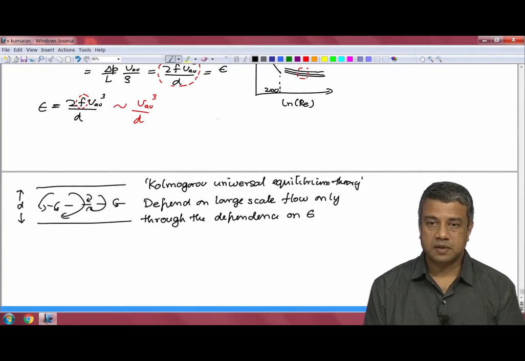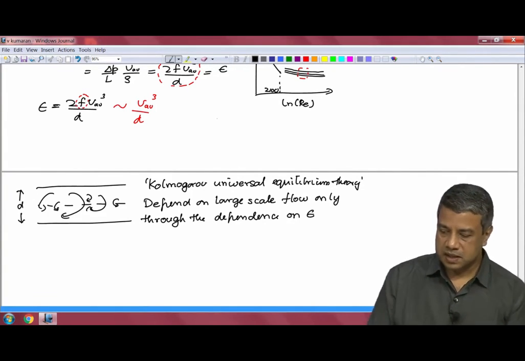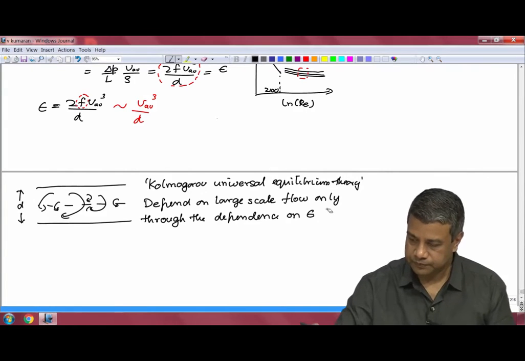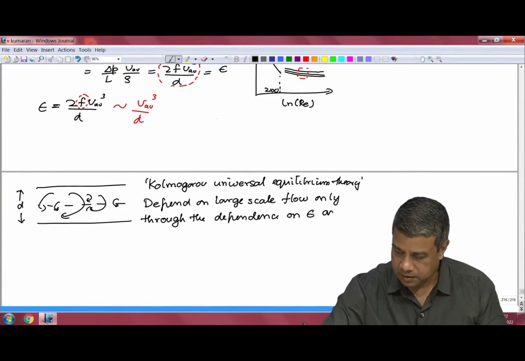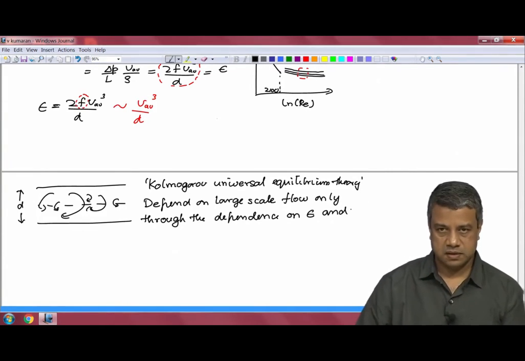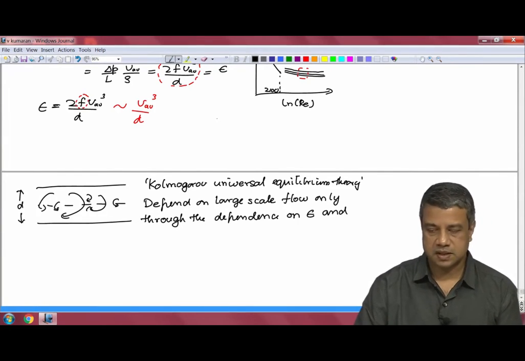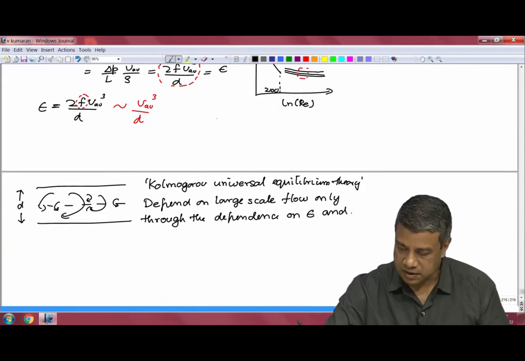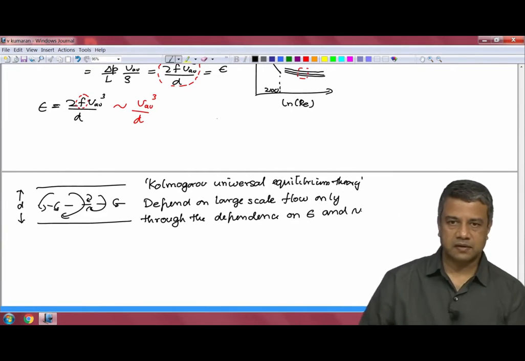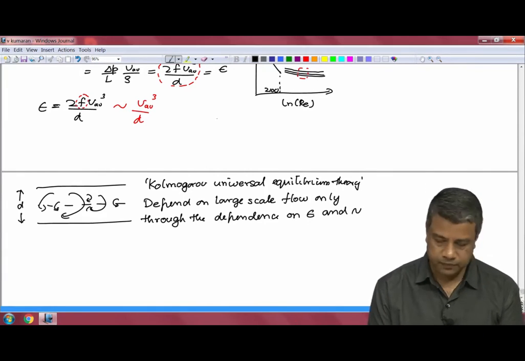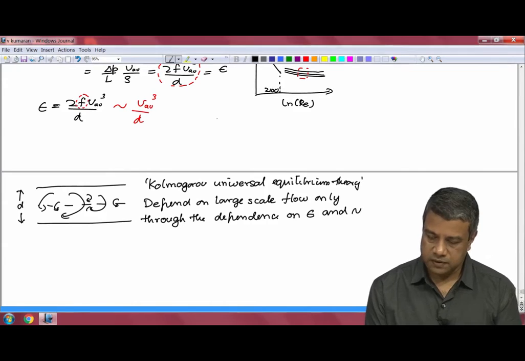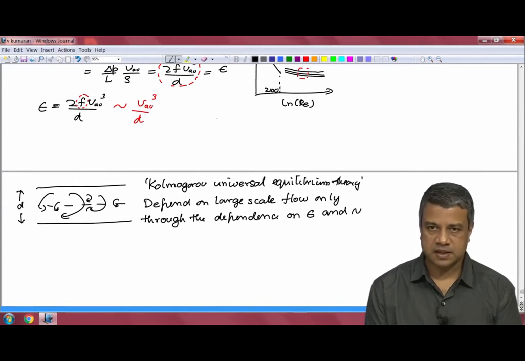So, it has to depend upon the energy dissipation rate per unit mass, and because all of that energy that is put in at the large scale has to be dissipated at the smallest scales, the length and size should also depend upon the kinematic viscosity nu. So, therefore, the length, velocity and time scale for these eddies depend only upon epsilon and nu.